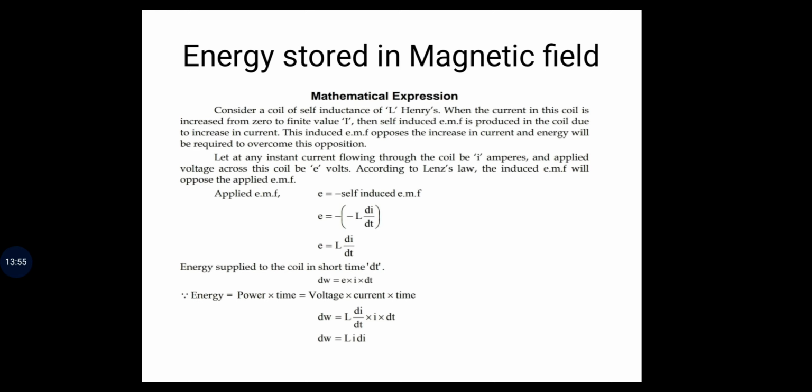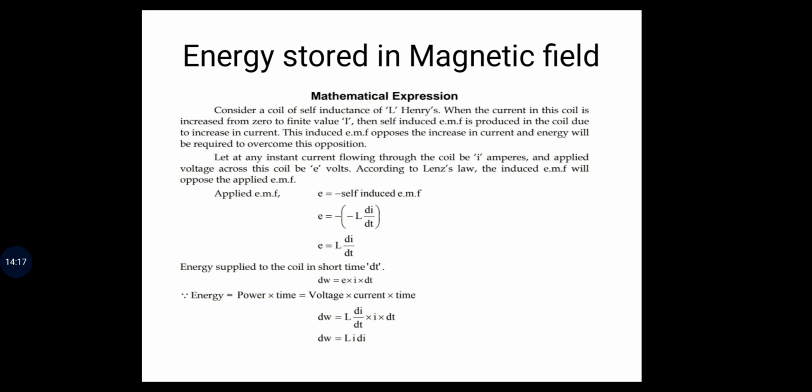When current flows through a coil, there is an EMF induced in the coil. The induced EMF voltage E equal to minus L into di by dt.